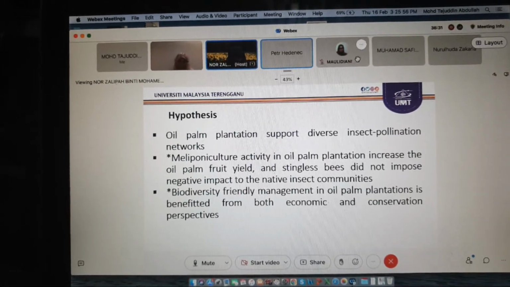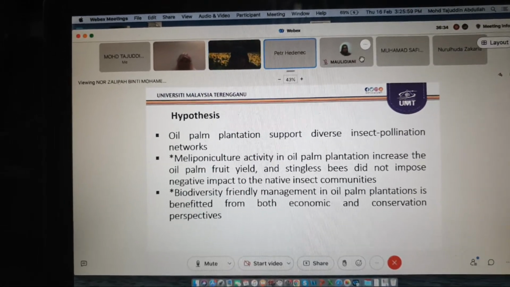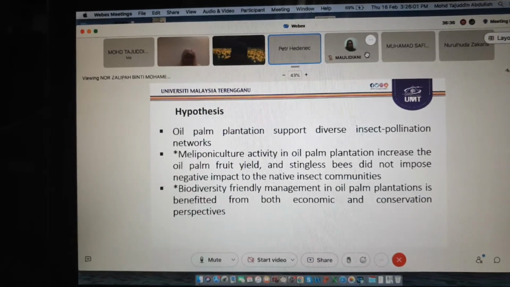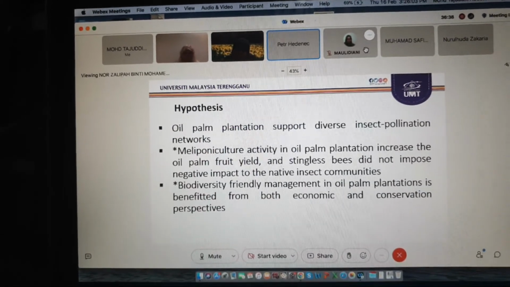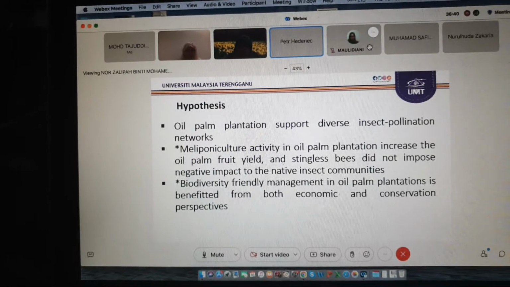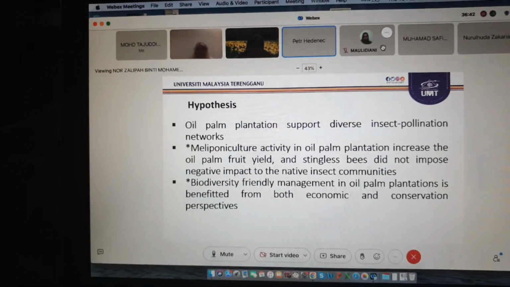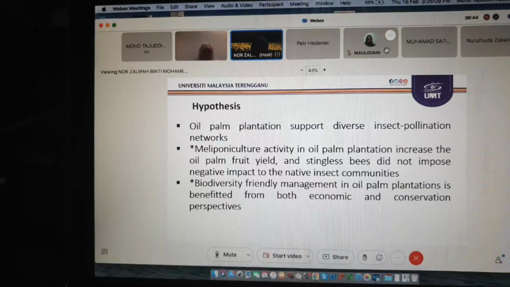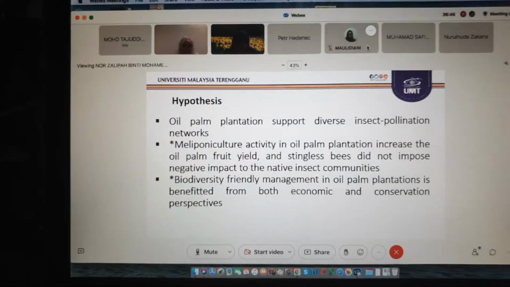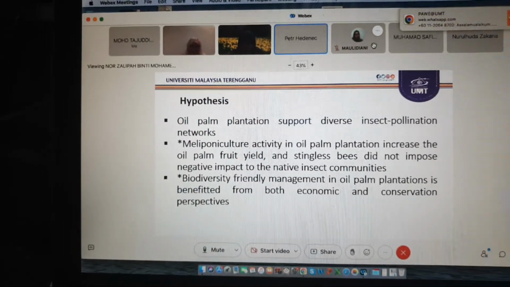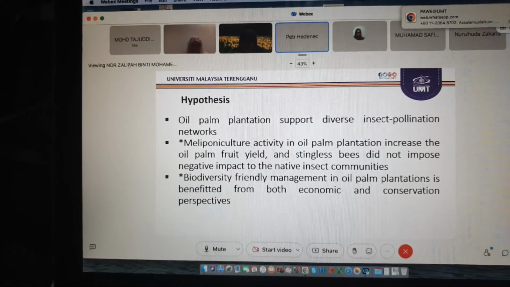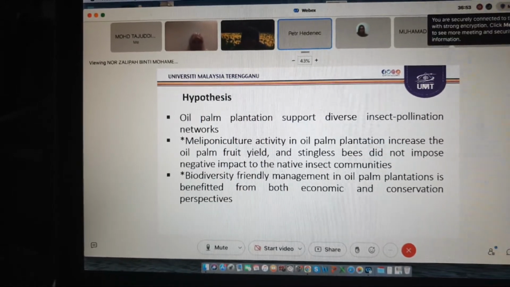It would be nice to also include other pollinators like hoverflies or syrphid flies, and also bats. Yes, some bats are also pollinators, but these are vertebrates, so it's different.